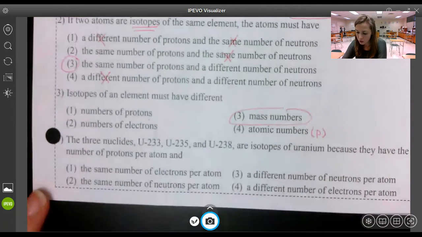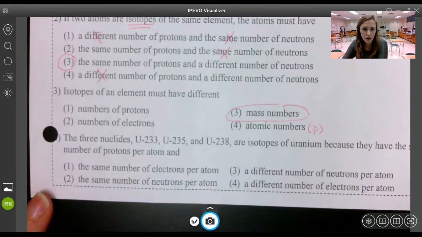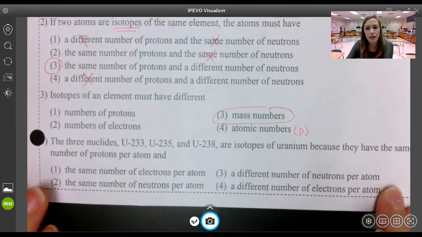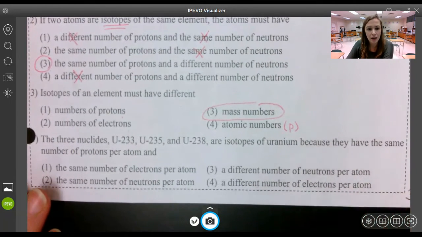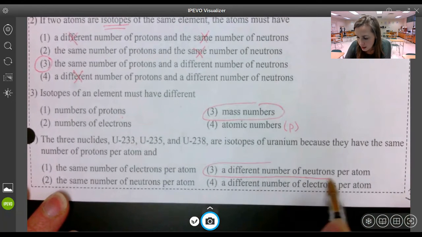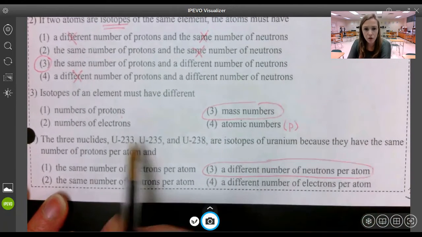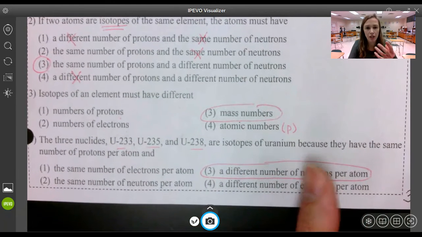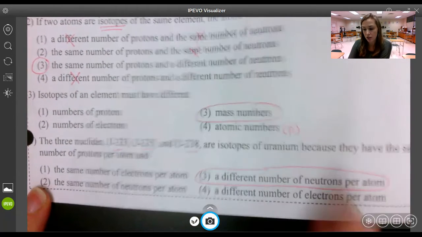And in our last practice question, we have three nuclides of uranium: 233, 235, and 238. They have the same number of protons per atom, and a different number of neutrons per atom, which gives them those different mass numbers. This checks that you understand the definition we just talked about.